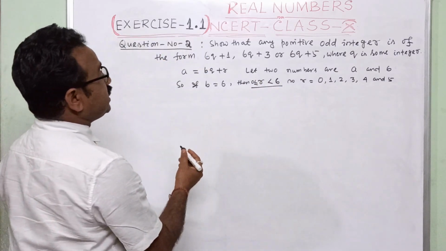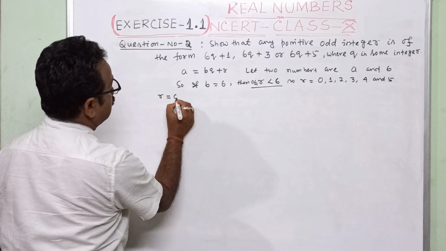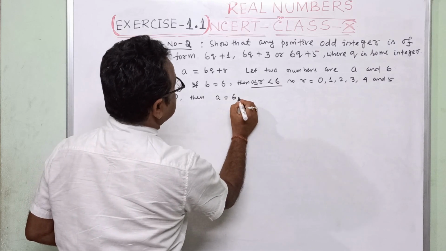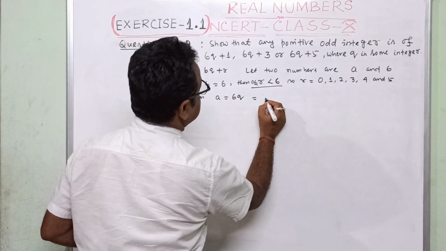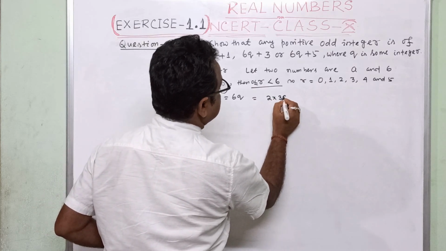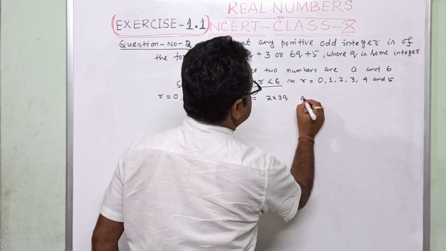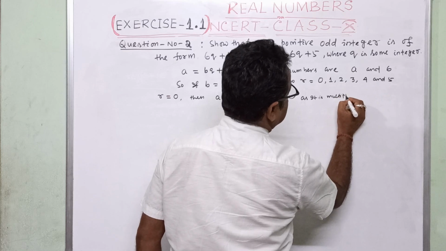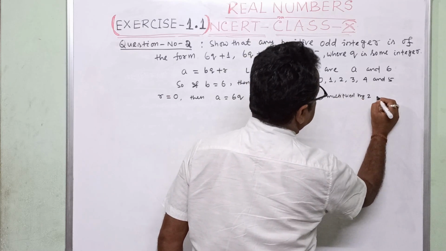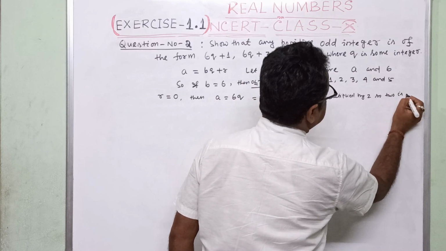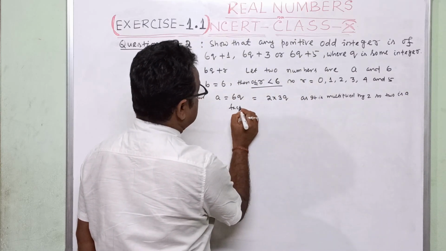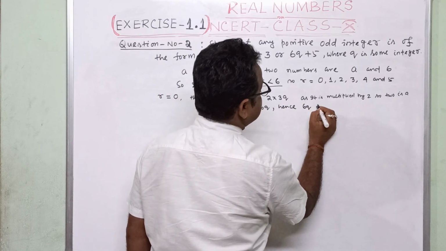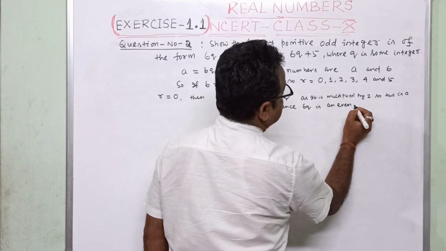Now putting this in: if r = 0, then a = 6q = 2 × 3q. As it is multiplied by 2, 2 is a factor of 6q, hence 6q is an even number.